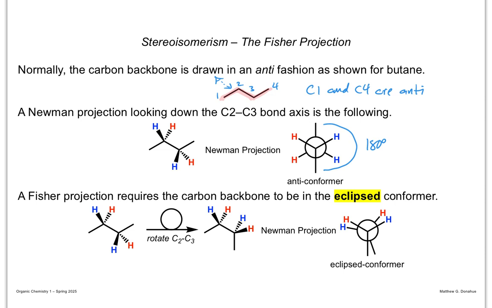So notice what happens to the red and the blue. They're on the same side, I rotate like that. Now they're opposite, right? We have a red, blue, red, blue. So to make a Fischer projection, you do a Newman and then a rotation.